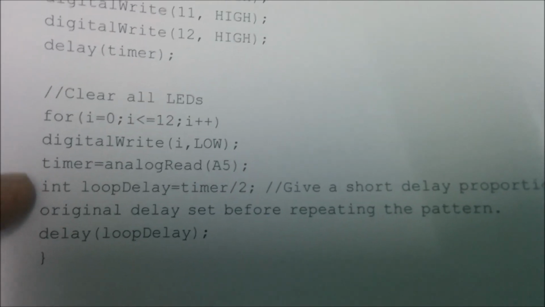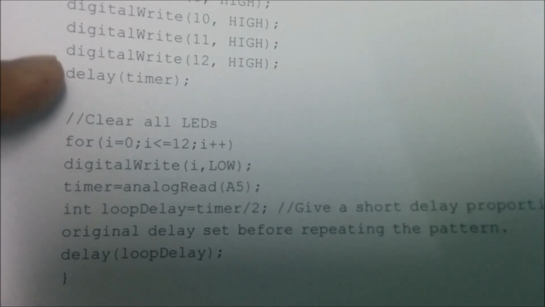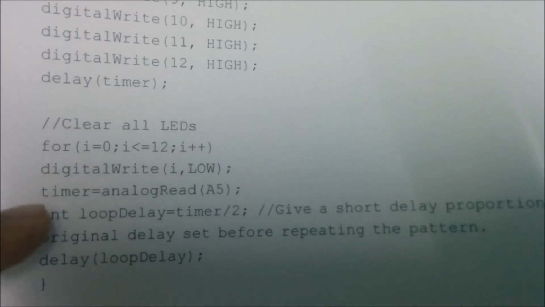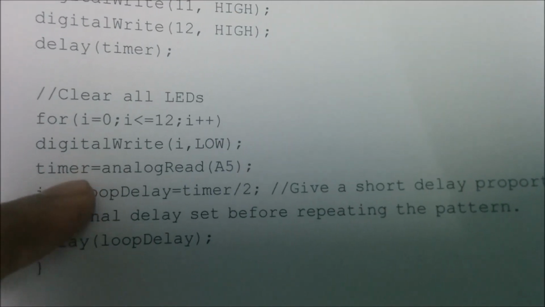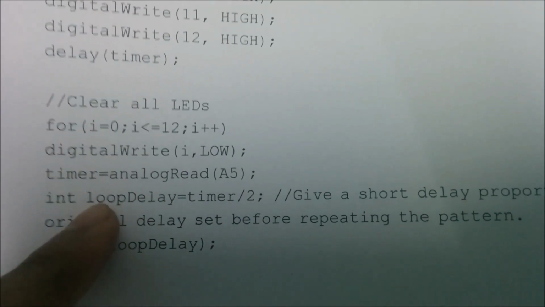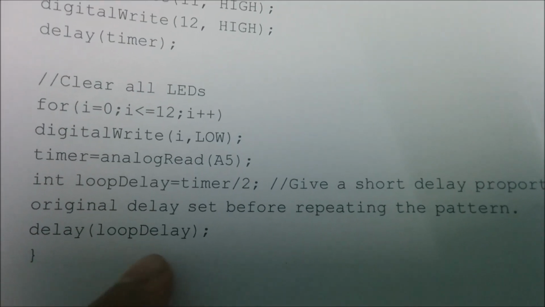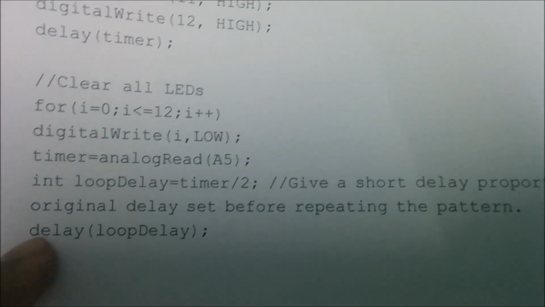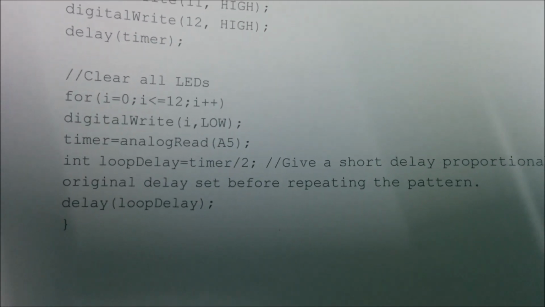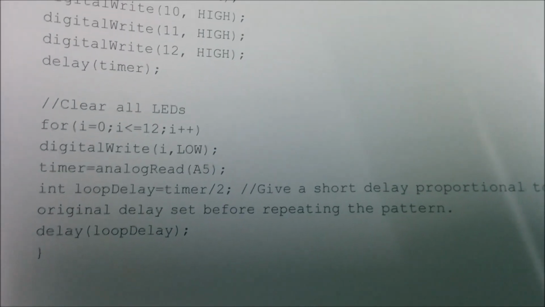Now, this delay need not be as large as the delay between the two sets of the LEDs. So what I did, I just divided the reading of the pot by 2 and then assigned it to a new variable loop delay and then provided this loop delay directly here so that this would reduce our delay to half so that quickly the loop is executed.